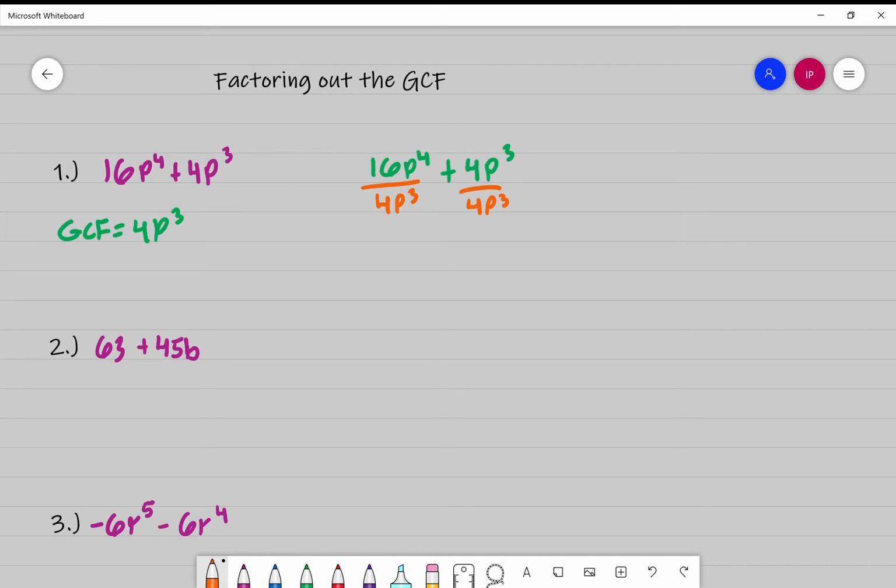Alright, so we're going to divide 16 by 4, which is 4. And then we're dividing two variables with exponents.